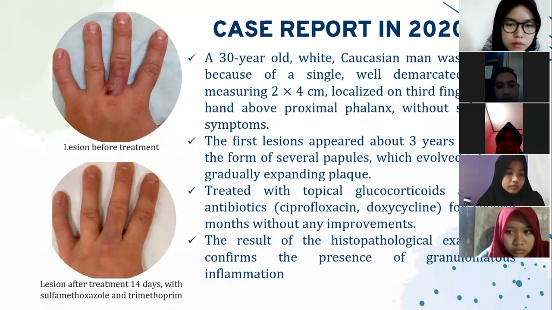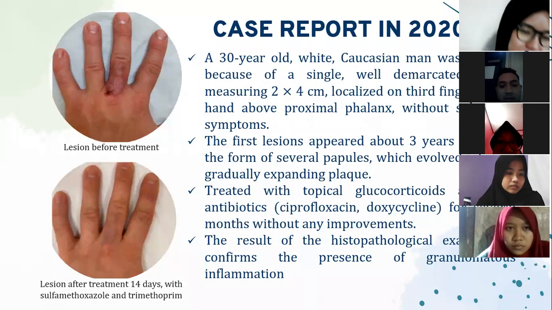The first picture is the condition of the hand lesion before the treatment, and the second picture is the lesion after 14 days of treatment with sulfamethoxazole and trimethoprim. Next.